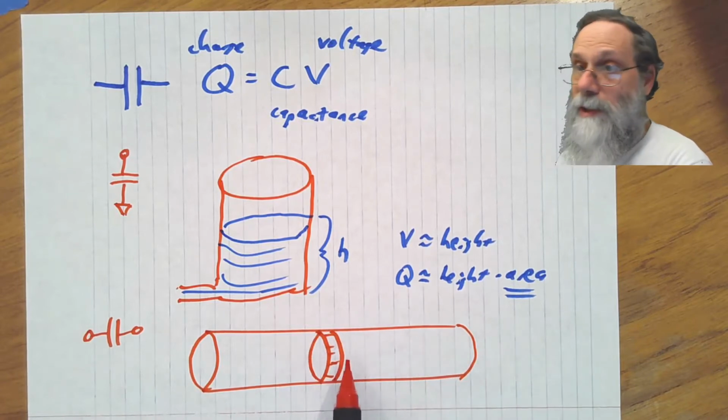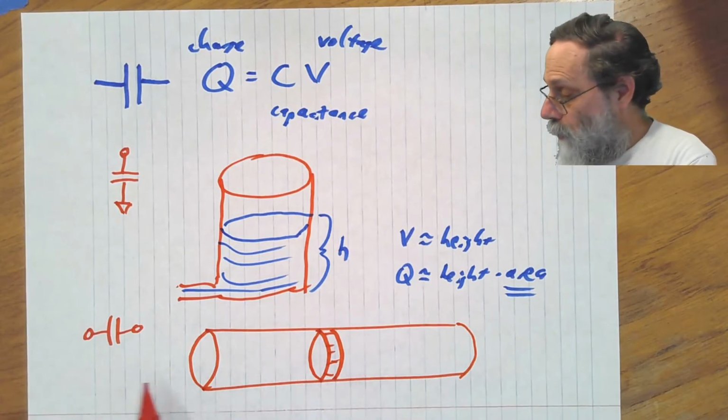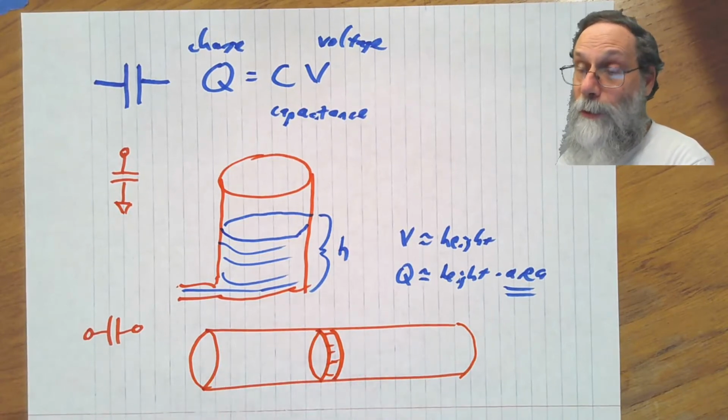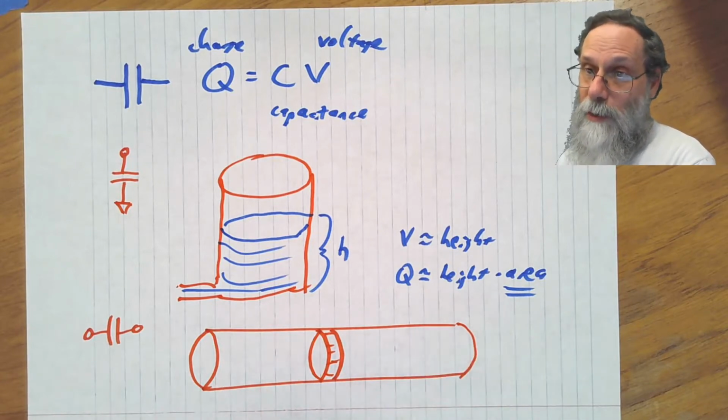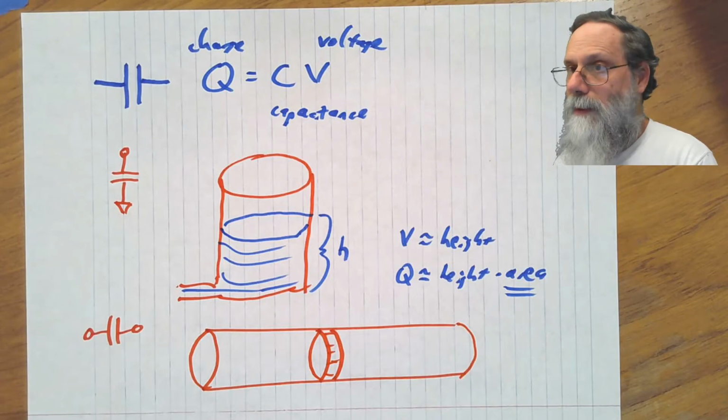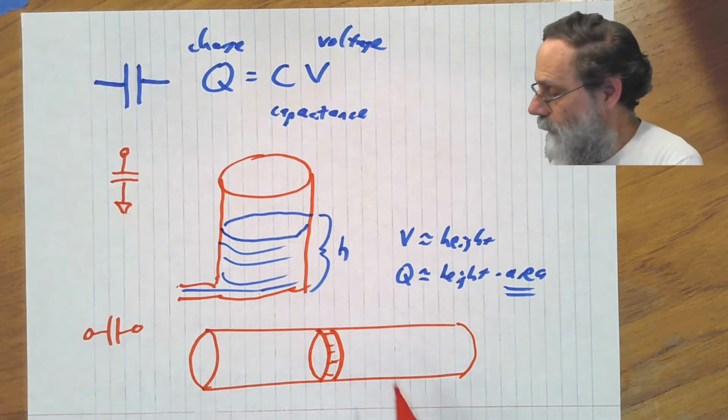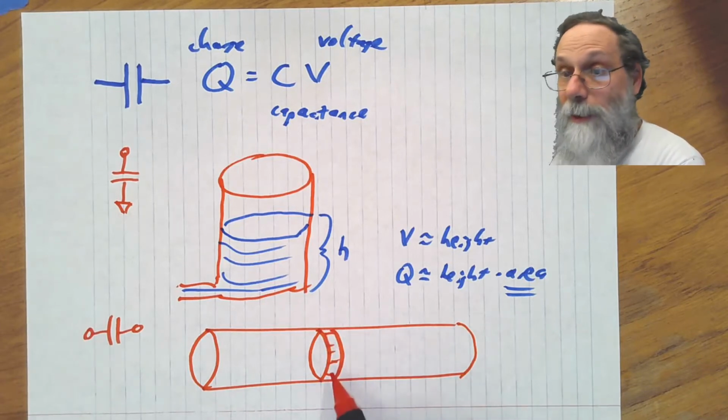So this piston fits tightly in the cylinder so that you can't have water flowing through the piston. You push the water in here, it's going to move the piston, but it's not going to flow through. So that corresponds to our insulator.